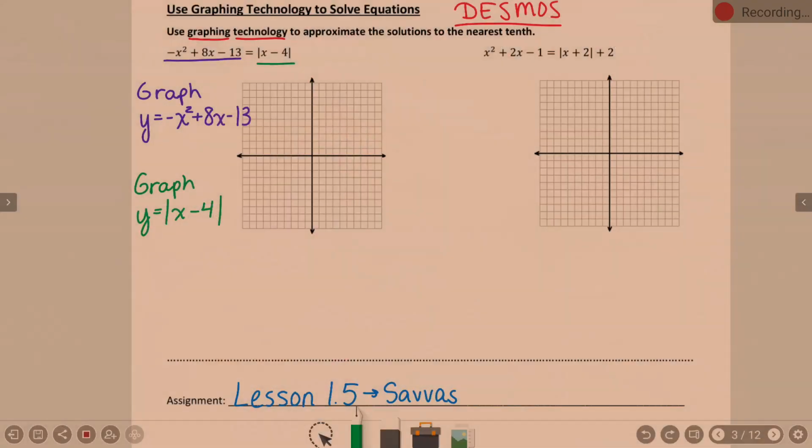So, I'm going to put a basic graph. That absolute value V was moved over 4. So the absolute value V looked like this. Okay.